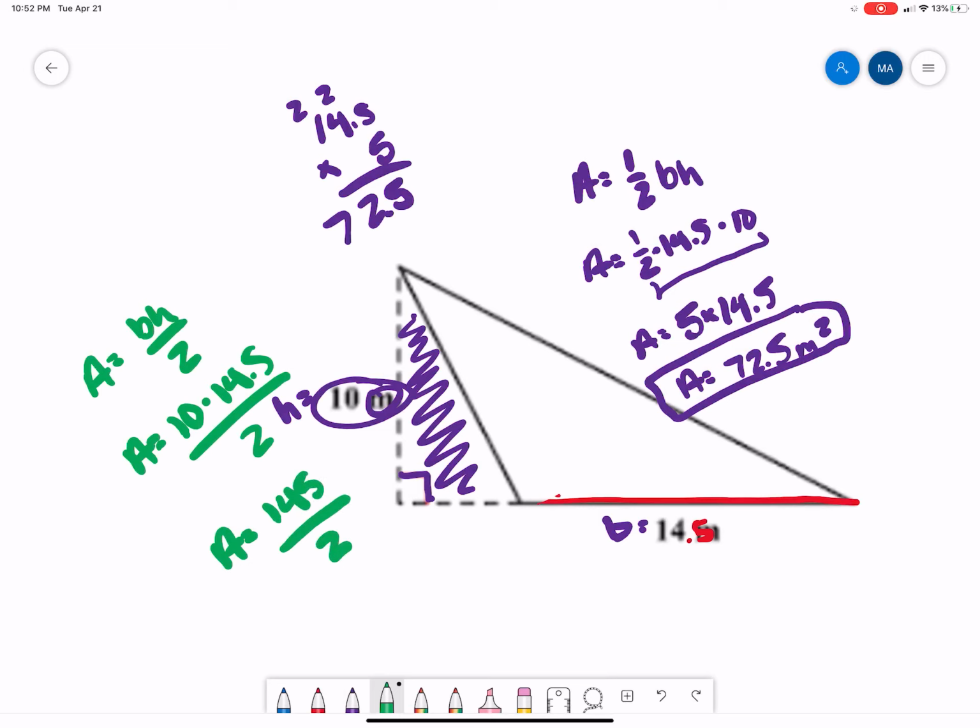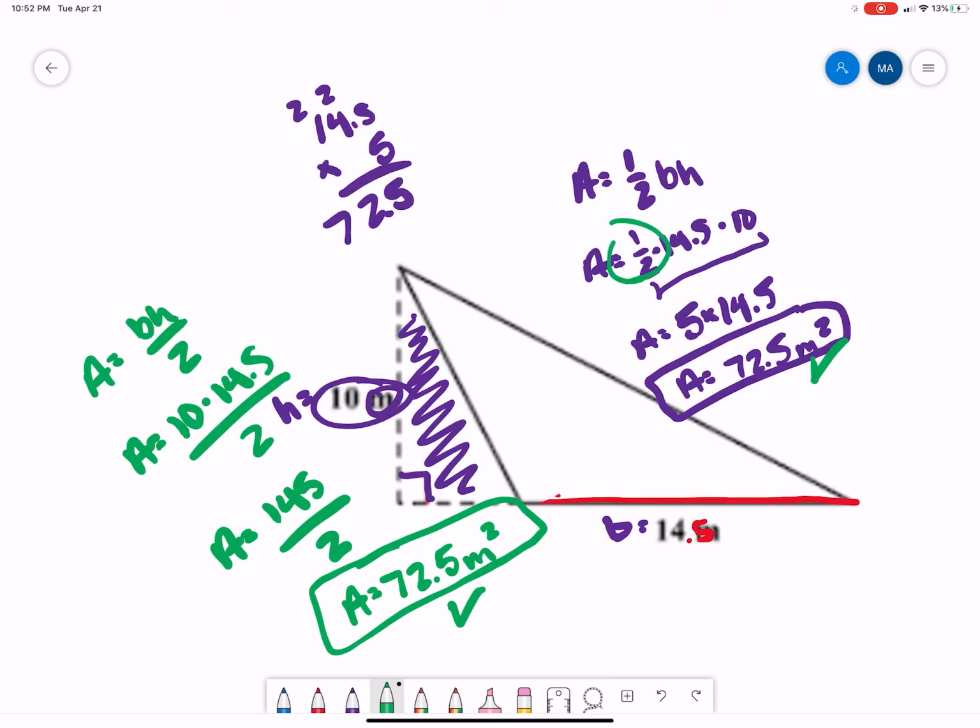Divide by 2, you get the magic number. You got it. 72.5 meters squared. Boom. Same answer. You should always get the same answer no matter which way you solve it. You just got to remember, multiply by 1/2 or divide by 2.